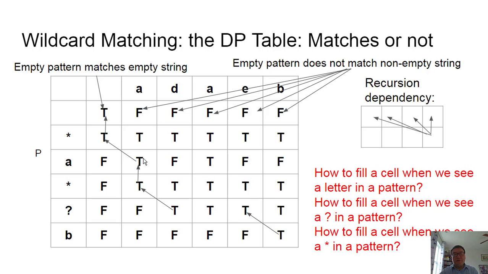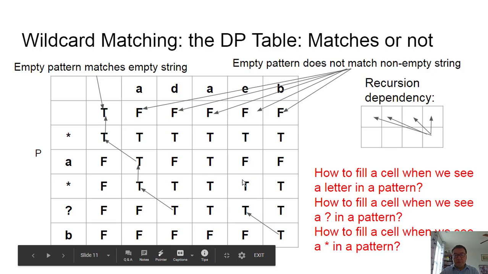But if everything to the left is false, then it has to be false. I guess we don't have a very good example in here, except only here, when we go up, we see a false. And when we go left, there's nothing on the left. So that's how we deal with the star.